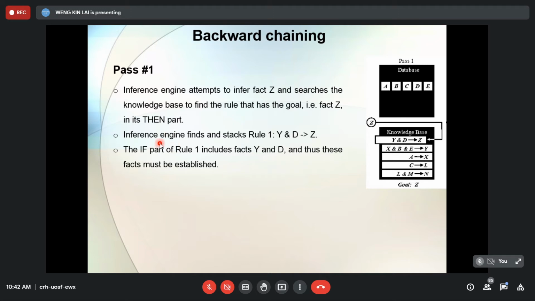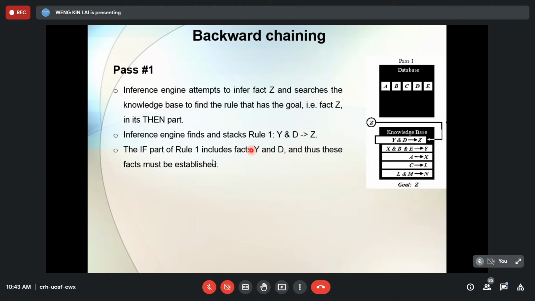Once the inference engine finds that particular rule, it will stack rule number one. It will put it aside. In this case, I'm looking for only the then part for Z, so one by one, I look for it, find it, and put it aside. Once this rule is found, you then look at the facts in the if part.